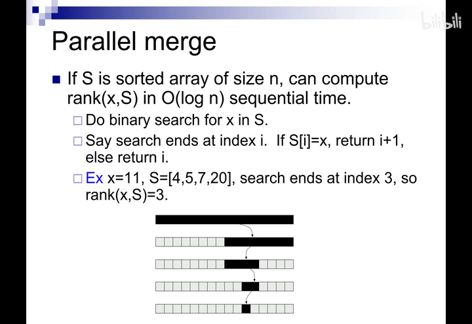So here is an example: if you do a binary search for the rank of 11 in this list, you're going to end up at this position over here, at index 3, and the rank of x is equal to 3.